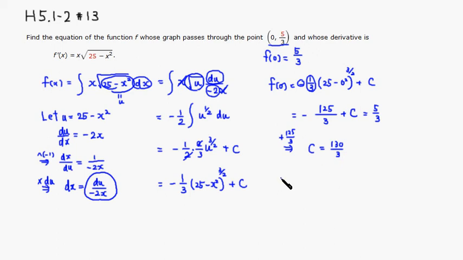Therefore, we have a complete formula, which is f of x equal to negative 1/3 times the quantity 25 minus x squared, raised to the 3/2 power, plus 130 over 3.